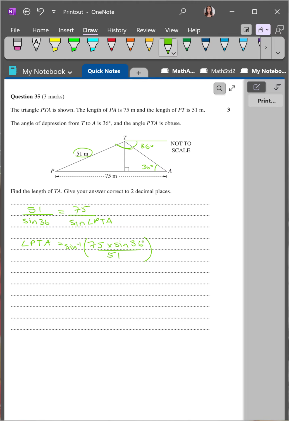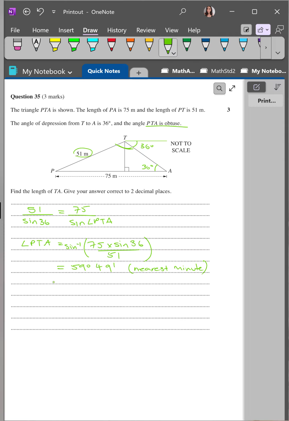I've done a lot of steps in this line. You can break it down if you want and just take it step by step, and you should get this at the end. Now if we put this into the calculator, we will get 59 degrees and 49 minutes, to the nearest minute. They've said that angle PTA is an obtuse angle.